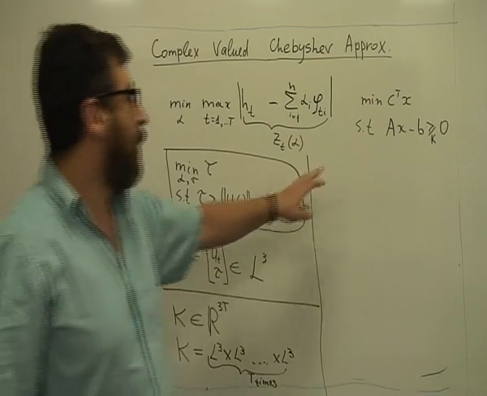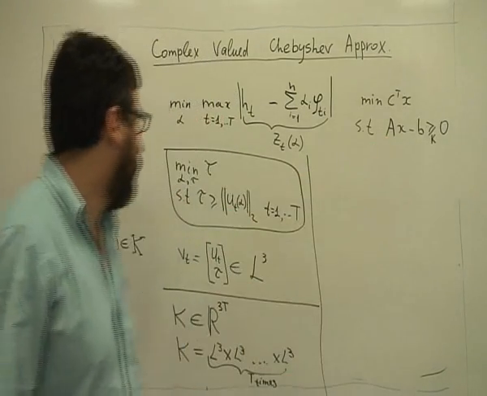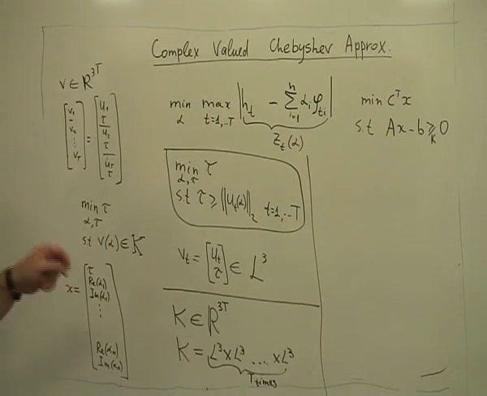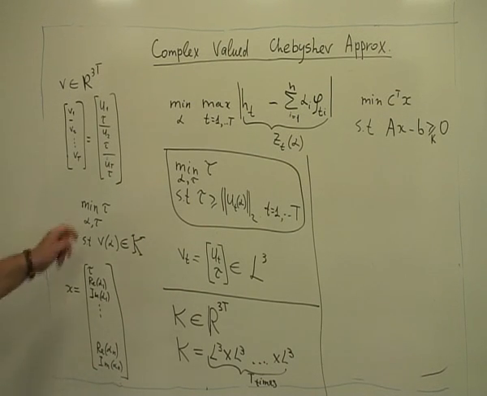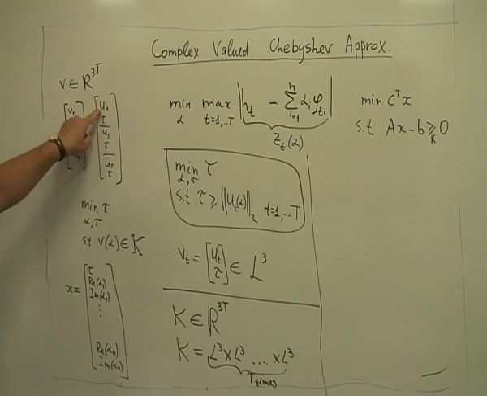So again, vector x is written here. How can we get this matrix A? So we have this V of alpha belongs to K. And let's see what this V of alpha is. It is U1 tau, U2 tau, and so on.